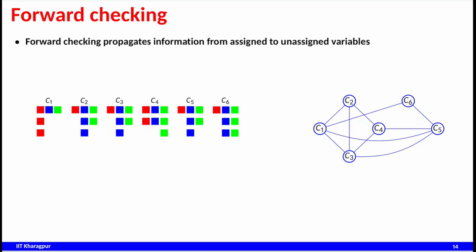So if I use C1 red, C4 green, then even before assigning any values for C2 and C3, I can say upfront that there will be no solution in this assignment. So we should go back, change our previous decision and explore other options. This kind of forward checking can help significantly in improving the runtime.